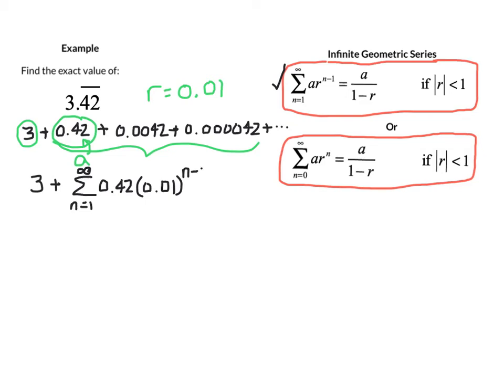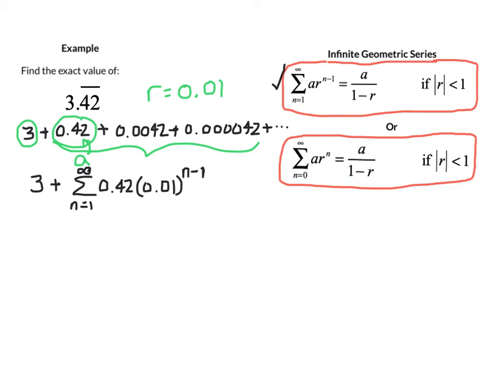Because again, when you have a geometric series, the subsequent terms are all defined by taking the first term and multiplying it by the common ratio to the n minus 1. And that's what we're showing here. And if you plug in a couple of numbers, you could see it. The first term will be 0.42, the second term 0.0042, and so on. So that's the correct notation using the sigma notation for our geometric series.